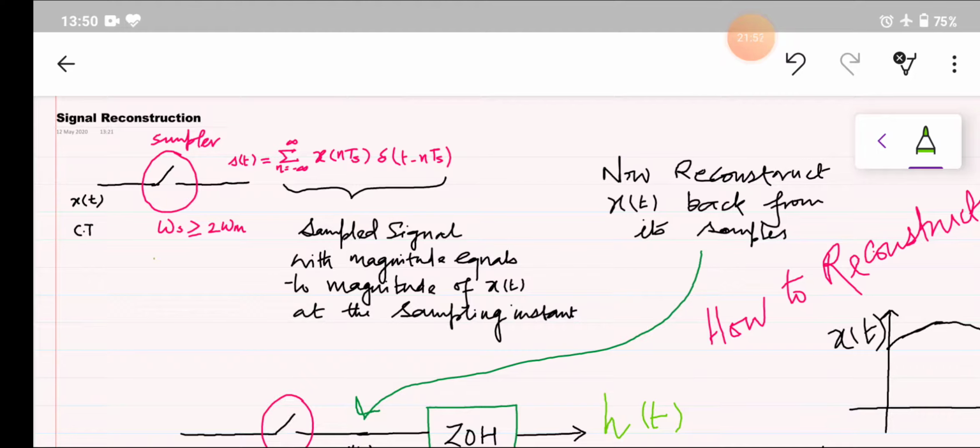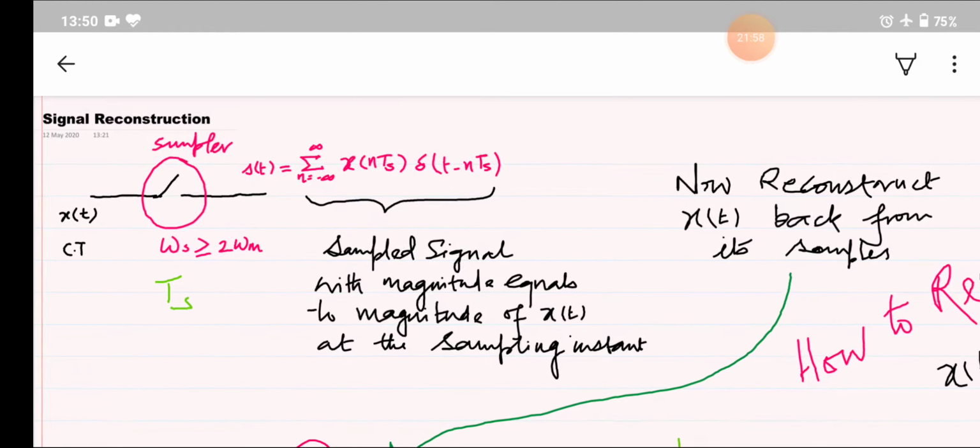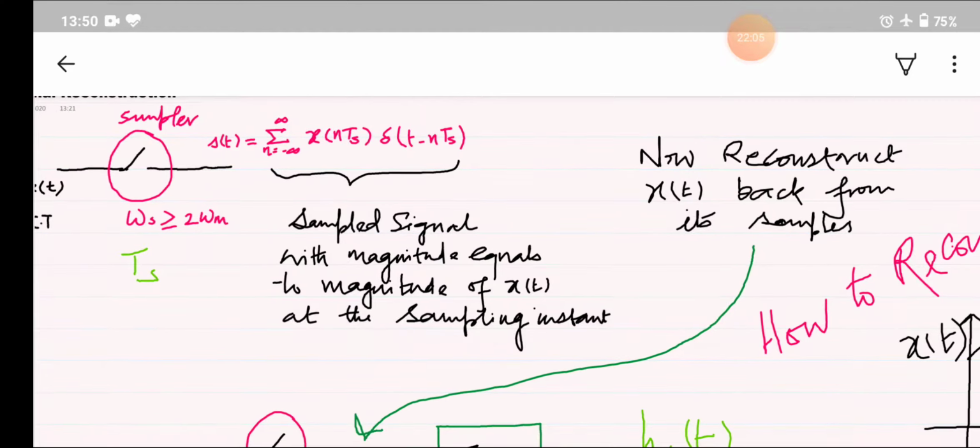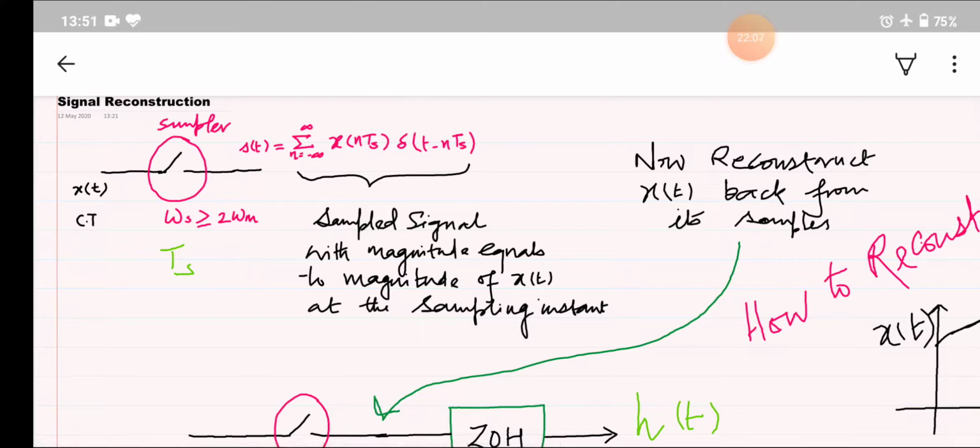So the sampler is having a time period of Ts, and the sampling is done at omega s greater than 2 times omega m. Omega m is the maximum frequency of xt. So this is all about sampling.